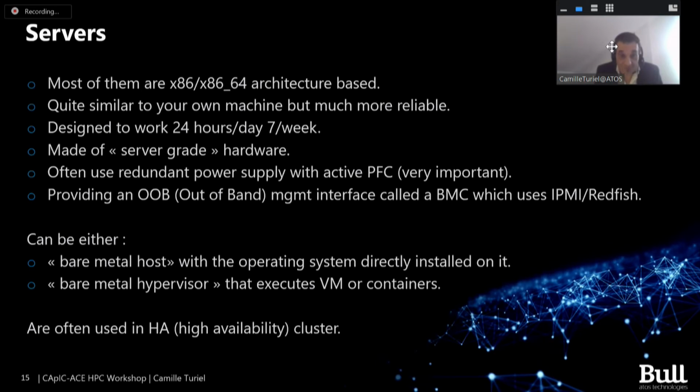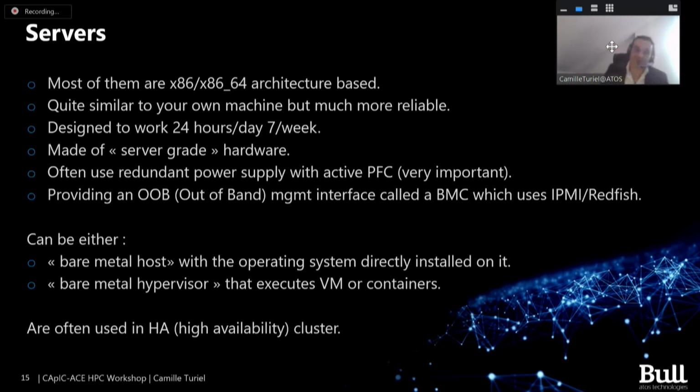And another category is what we call a bare metal hypervisor that executes VMs or containers. So this has been a revolution. Virtualization has been a small revolution for us. I remember when I saw it arrive, I would say 15, 20 years ago. It was a kind of revolution, since we could consolidate several servers on one physical machine.